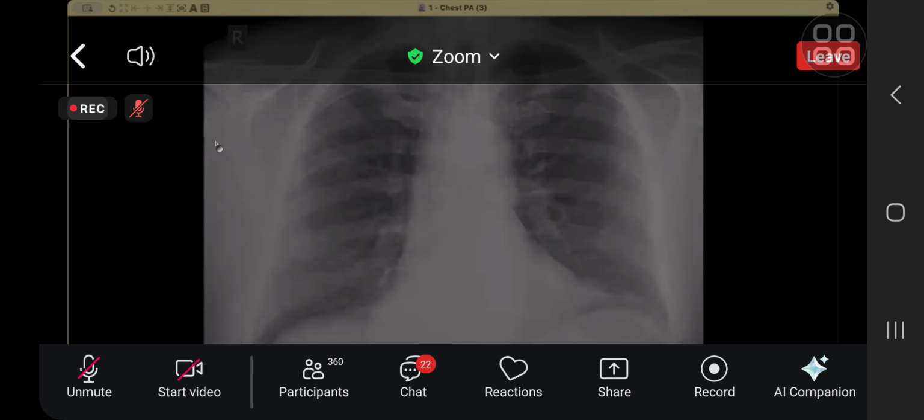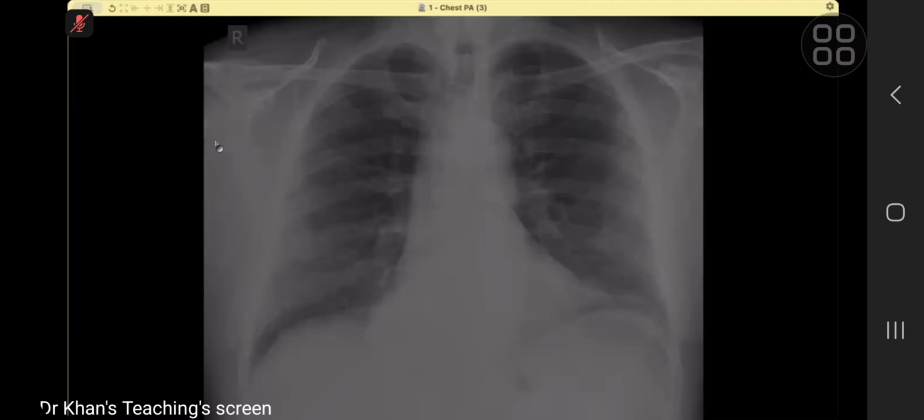Yes, please. Okay. I am provided with a frontal radiograph of a 60-year-old male patient who presented with a complaint of cough. Looking at the radiograph, I can appreciate that there is a widening of the rib noted on the right side.